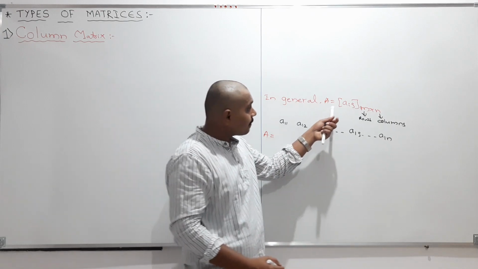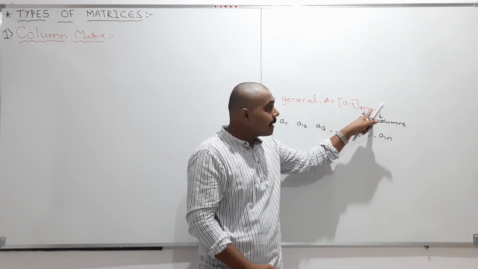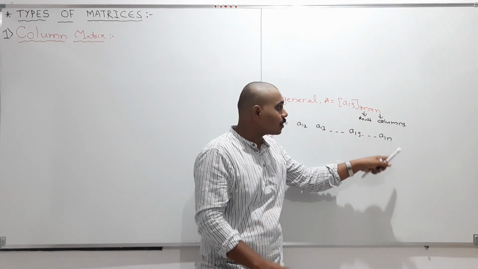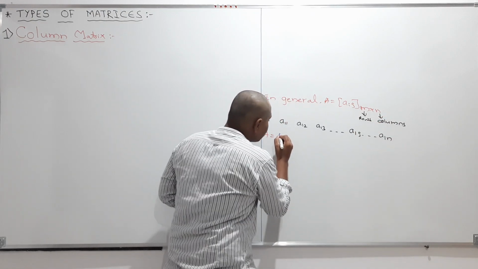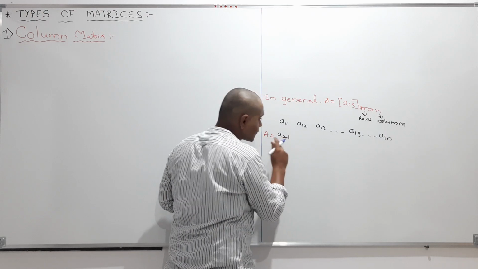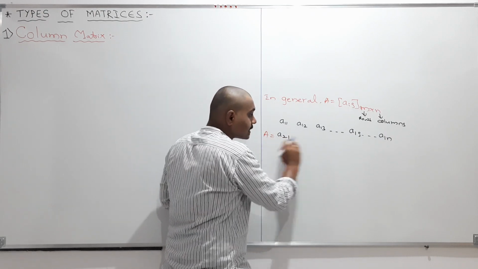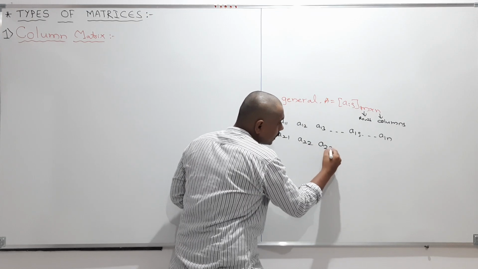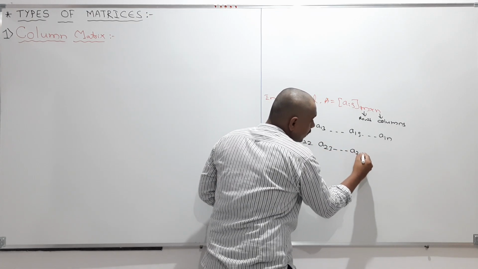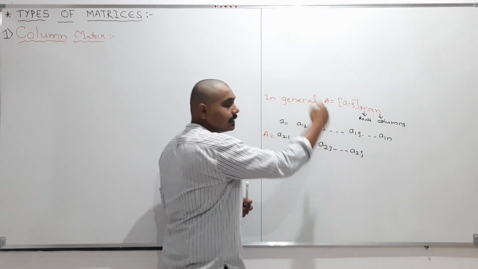Here I am writing the matrix of the order m cross n. M cross n means n columns must be there, so I am writing A1n. My dear students, the next element I write is A21. A21 means second row, first column. A22, A23 and so on up to A2j, second row, jth column.